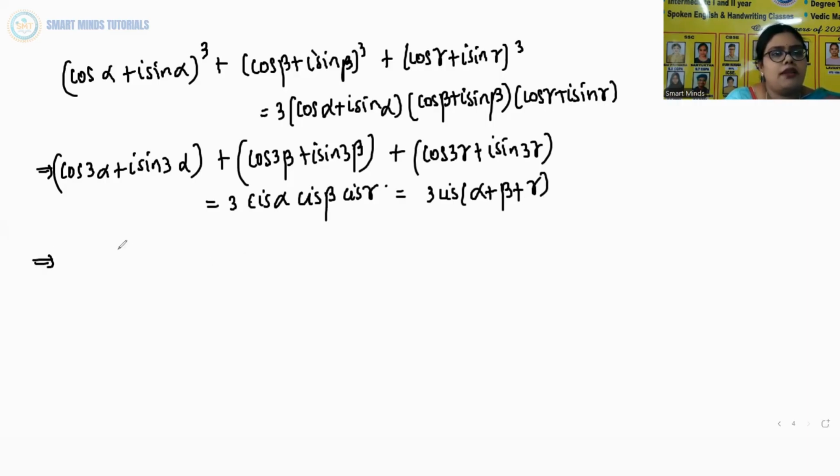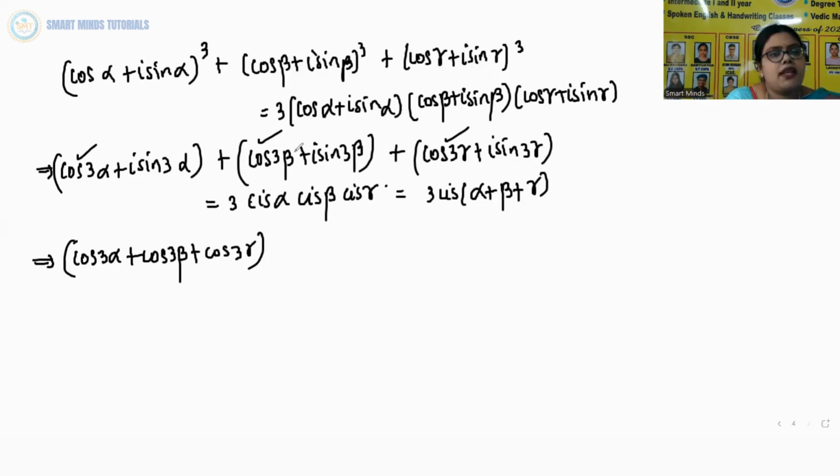So what did we get? Now on the left hand side, I am separating cos and sine terms. From each bracket, I will take cos terms: cos 3 alpha plus cos 3 beta plus cos 3 gamma.